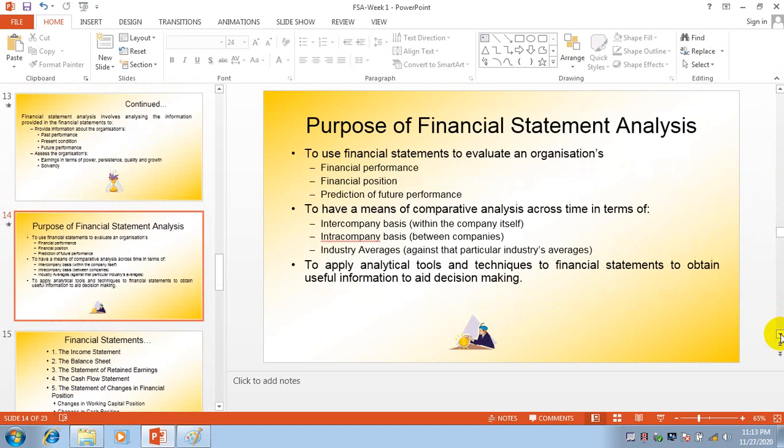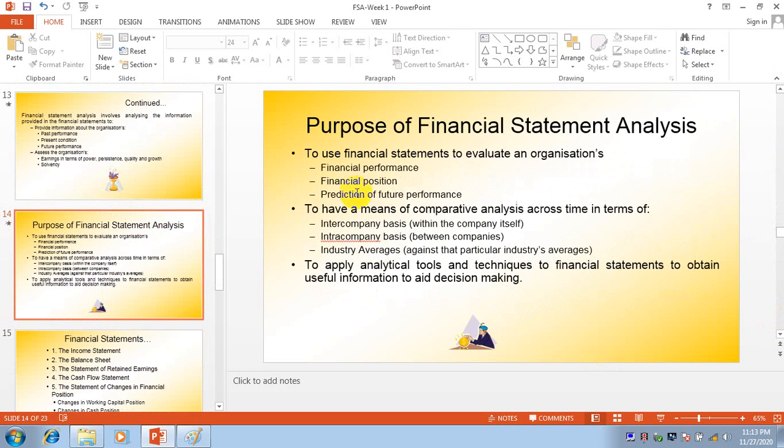Purpose of financial statement analysis: to use it to evaluate an organization's financial performance, financial position, and prediction of future performance. We discussed all these: you can check your present financial performance, your financial position, and you can predict the future performance.